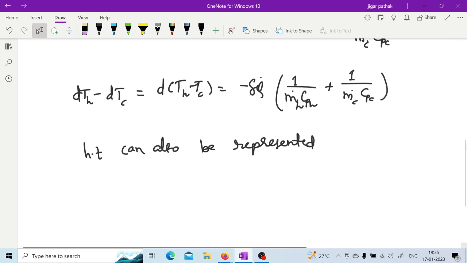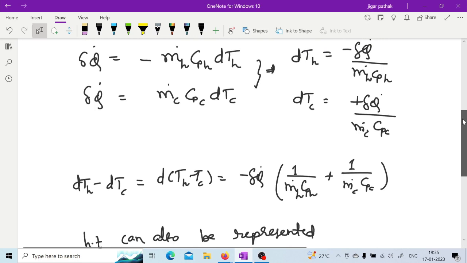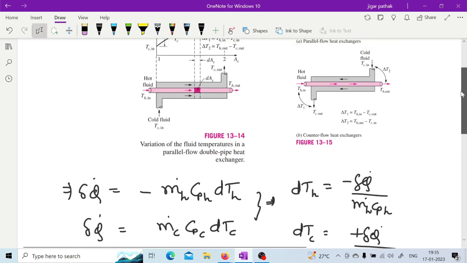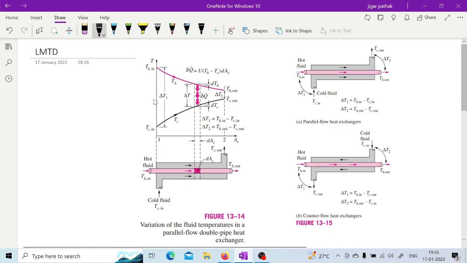Yeah. Here we have simply written the heat transfer in that particular area which we have seen in this figure. In this area we are considering how heat transfer takes place between the hot fluid and the cold fluid.